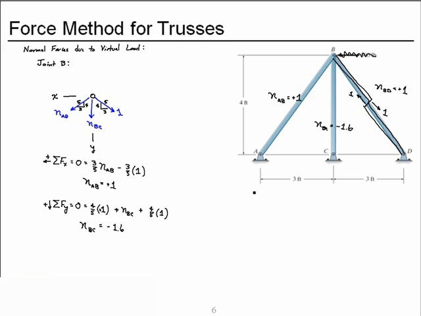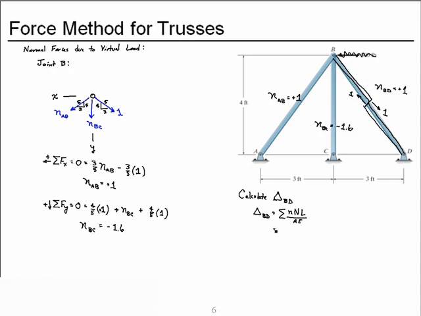We're now ready to calculate the gap created in member BD. The virtual work formula is the summation of the virtual normal force times the real normal force, times the length of the member, over AE for the member.